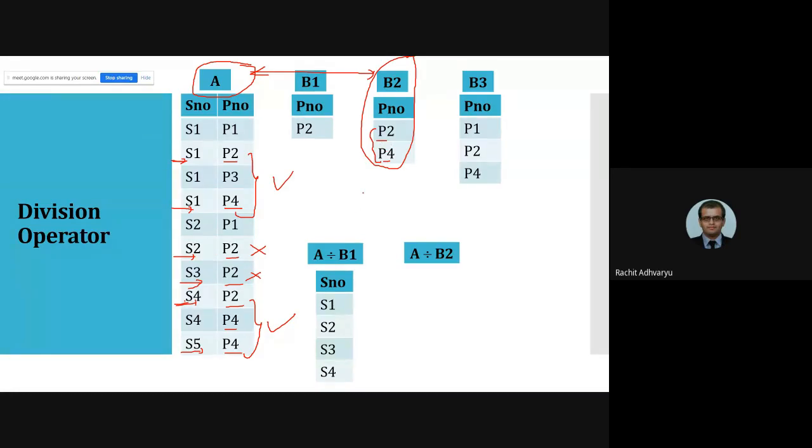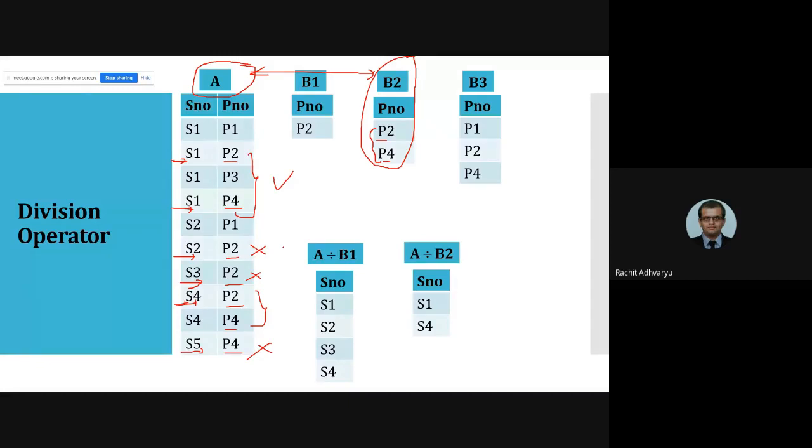So we are not going to consider that. Clear, everyone? Is this clear? So the answer will be these two, because S5 is not linked with P2, so we are not going to consider this also. So your answer will be S1 and S4.